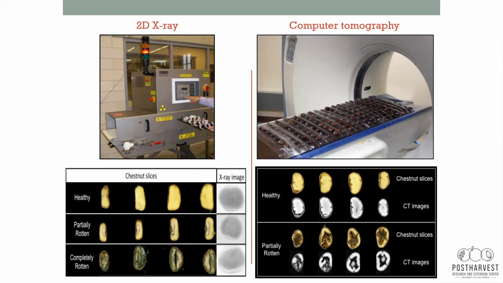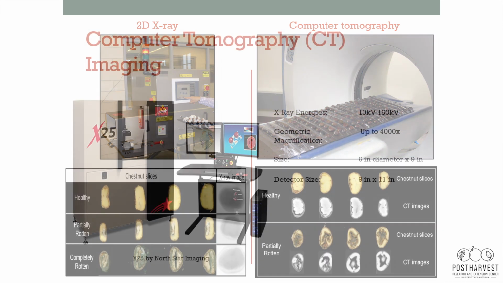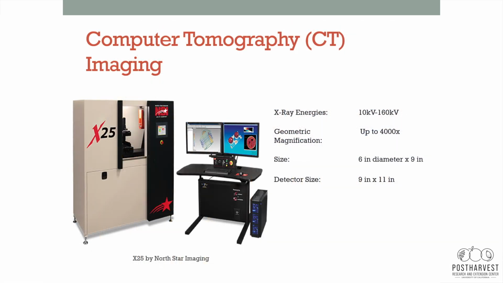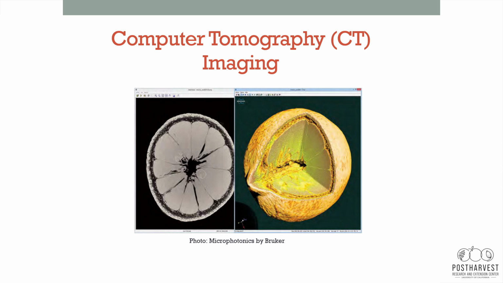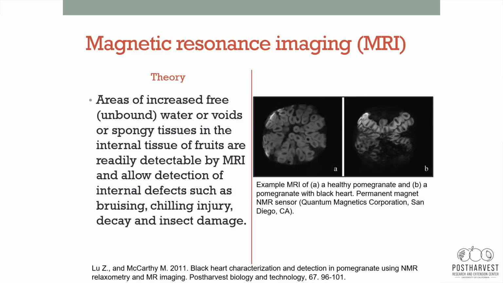This is computer tomography and X-ray for other quality attributes. Currently not commercially available, at least the computer tomography, but X-rays are. Computer tomography will continue to be used in the industry, and hopefully there'll be a development of a system that is fast enough to be used online. MRI as well, similar to computer tomography.